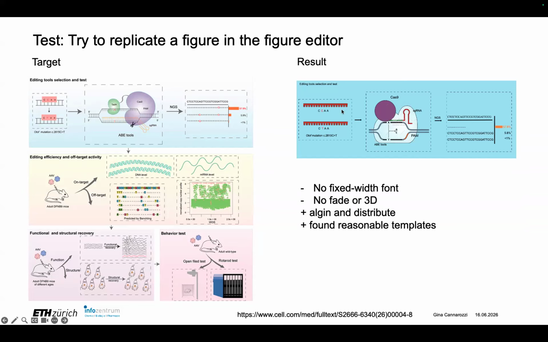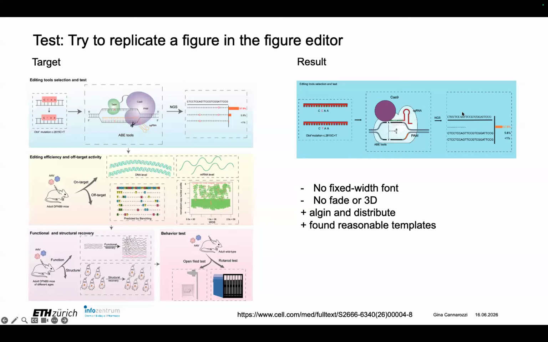You have choices of different lines. I took that mRNA template. I can add text wherever I want. They have shapes such as arrows. And this Cas9 is a built-in element that they had. So it looks quite close to what they have. It has some other things here, but I can remove those.